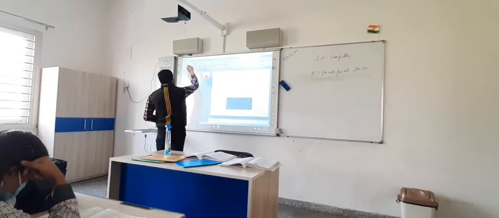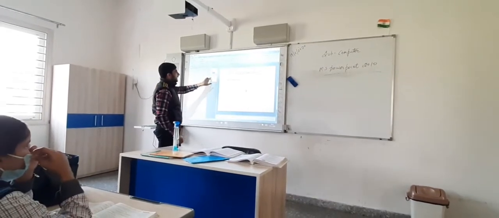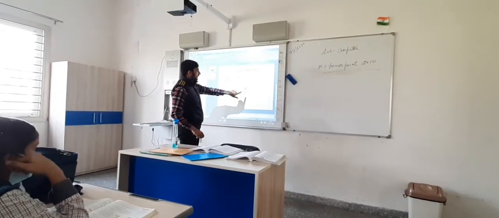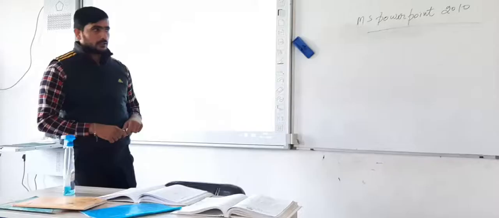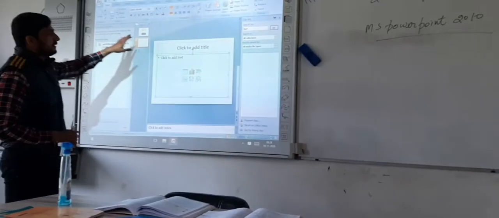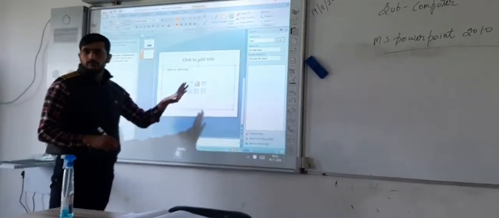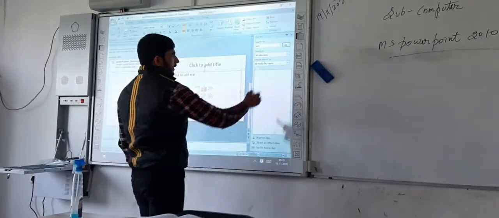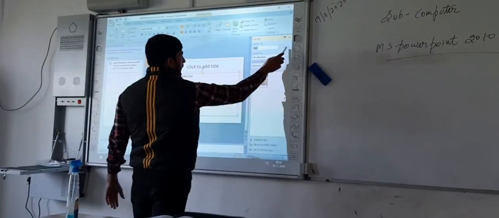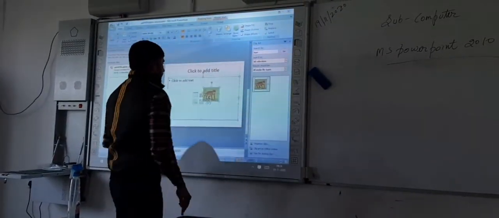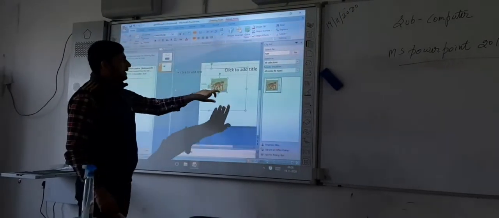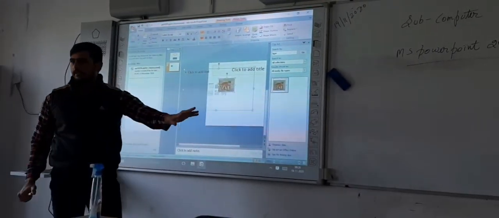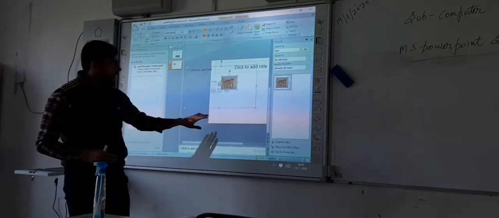So what we can do is, we have inserted two slides, and in this one I will insert some more. We will insert a second slide, and then I will insert a picture so that you can find out that this picture has been inserted. So we can see what is going on.